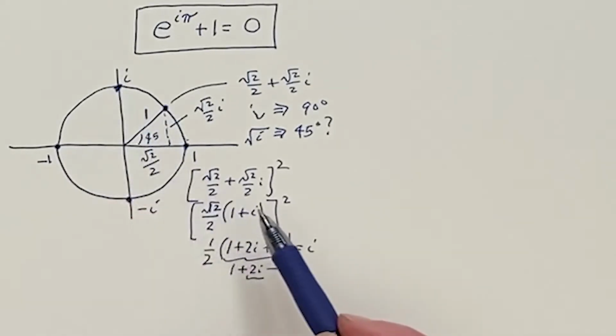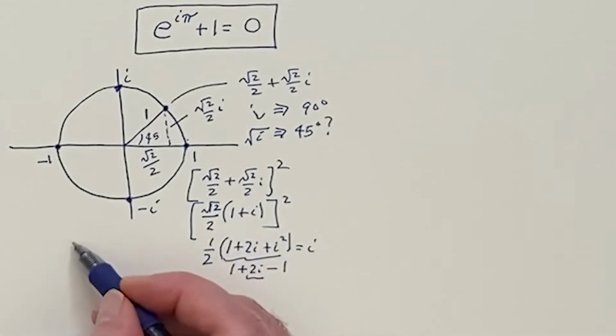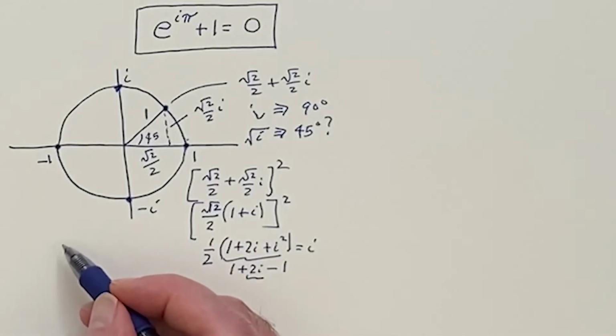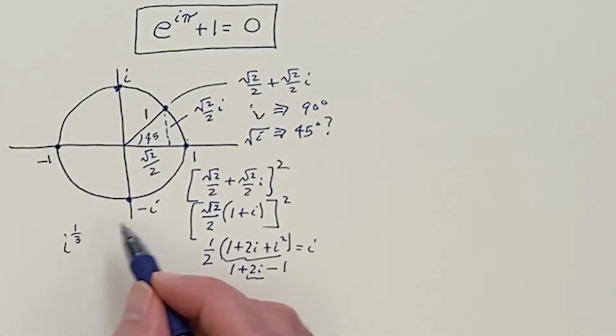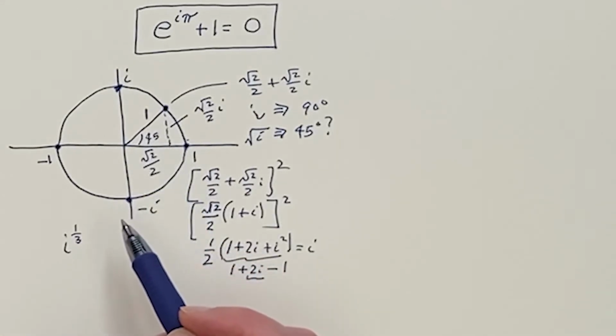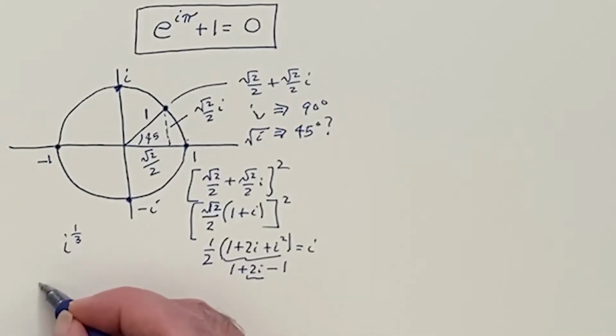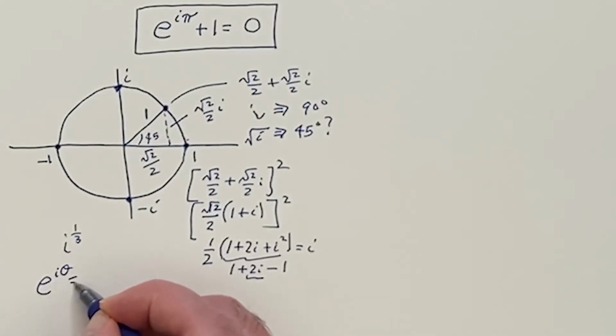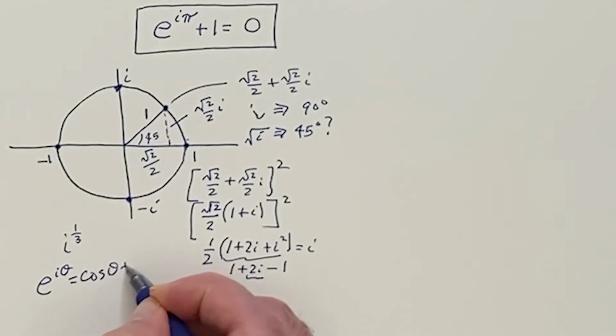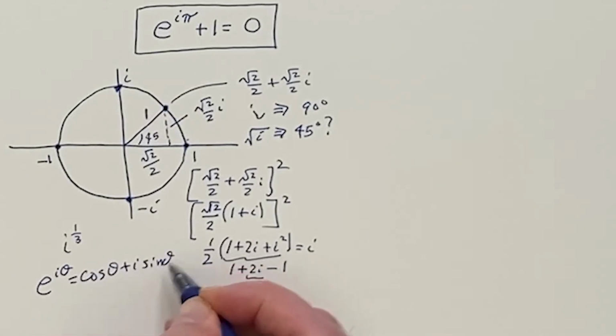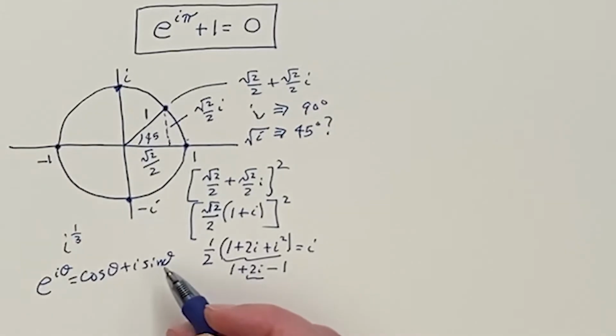Isn't that wild? So then you could find the square root of i, or you could find, say, i to the 1/3 power would be to go up just 30 degrees instead of going up 90 degrees. And then you could use this formula with 30 degrees and then pull it right out.